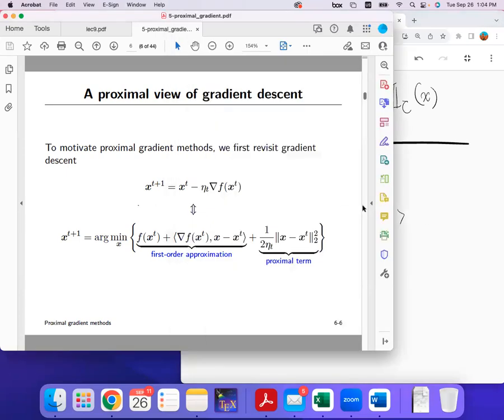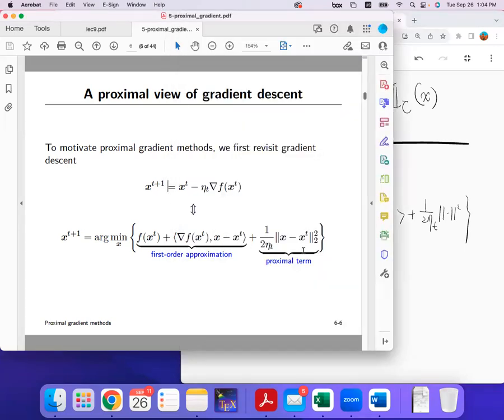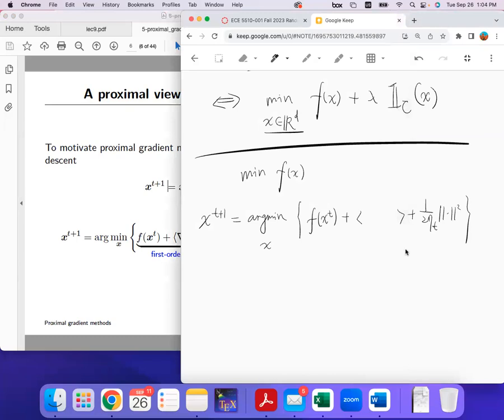So to simplify, I will just ignore the constants. Okay. This is gradient descent following these terms. And now in the projected gradient descent, we are looking at this problem.